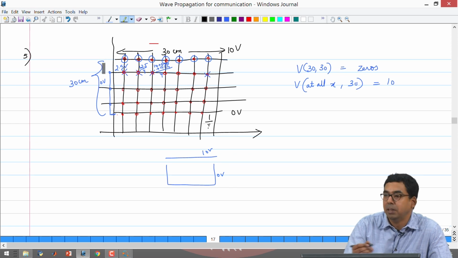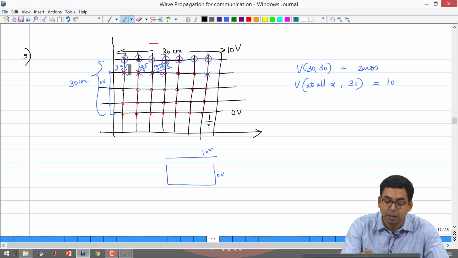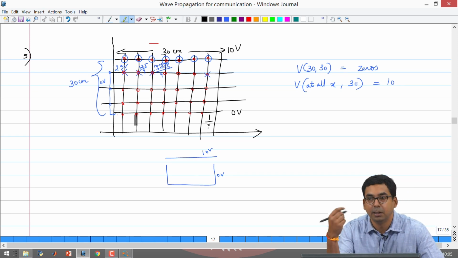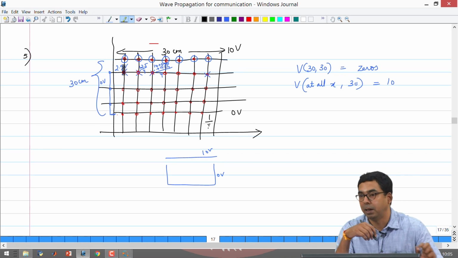Left hand side there is no point, so we assume it as 0, divided by 4, and you keep doing this across all the rows, going from top to bottom. That will constitute your second iteration. Once again you have to go to the top and start doing this all over again, and you keep repeating this till between successive iterations the value of the voltage at a given point does not change significantly.